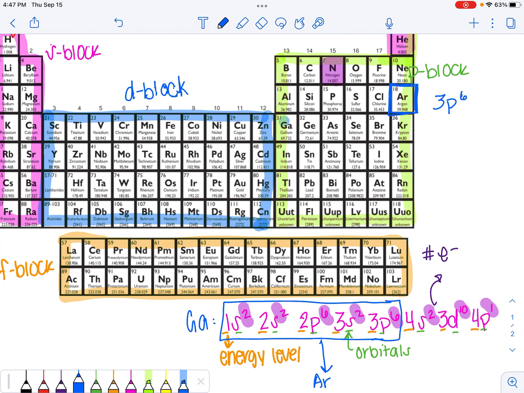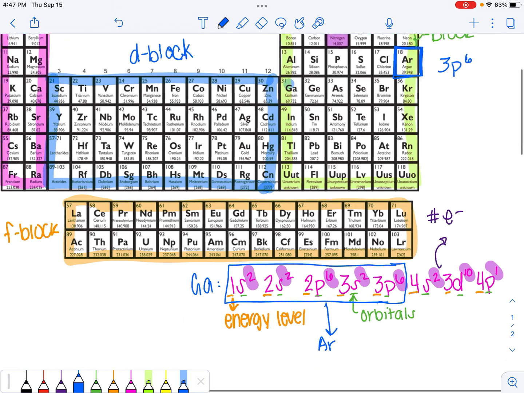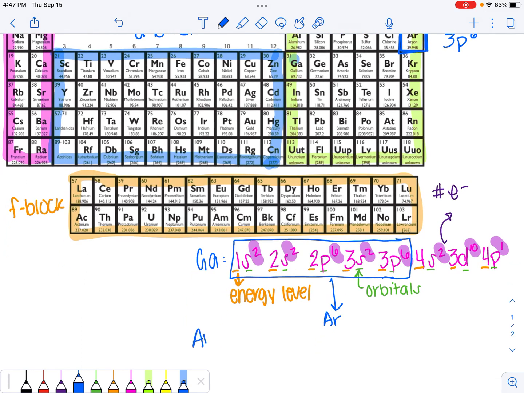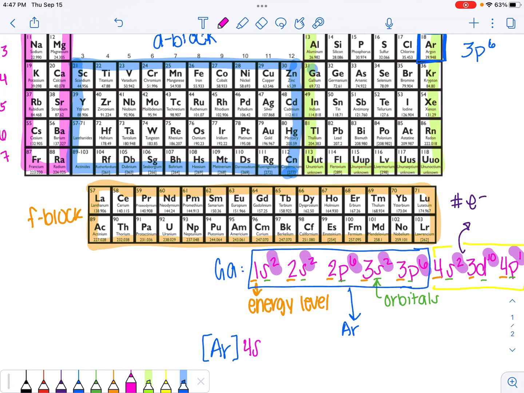So if I want to rewrite gallium's electron configuration in terms of the noble gas configuration, I can take argon and put it in brackets, accounting for the electron configuration of everything up to argon. Then you can take the remainder of the electron configuration that you've already determined and just finish it off at the end. So what's left after argon? 4s2, 3d10, 4p1.